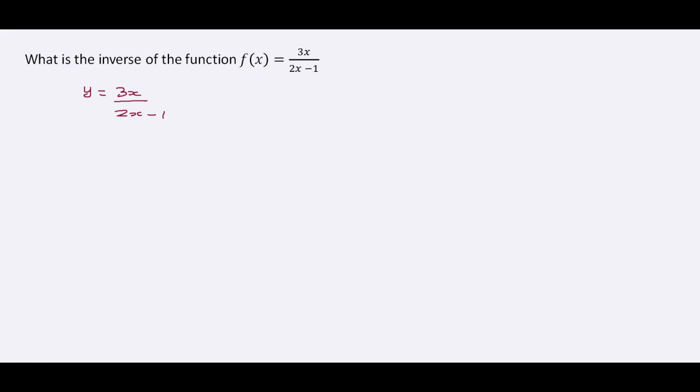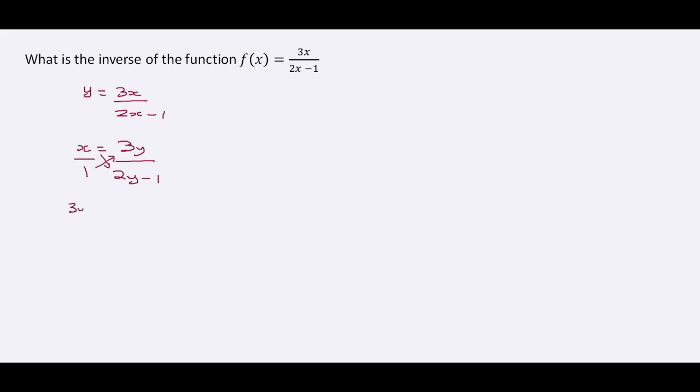Now we're going to replace the y with the x and the x with the y. So we have x equal to 3y over 2y minus 1. Now we're going to solve for y. So we're going to do a cross product here. So this multiplies by this and this multiplies by this.